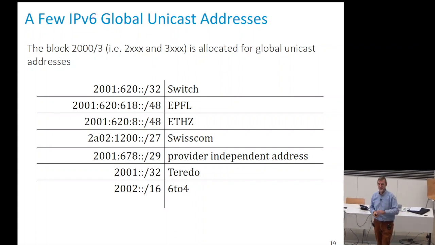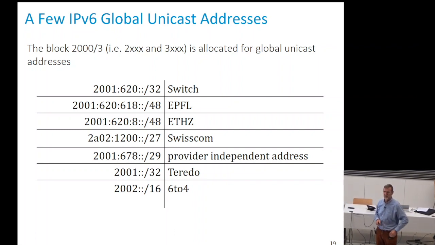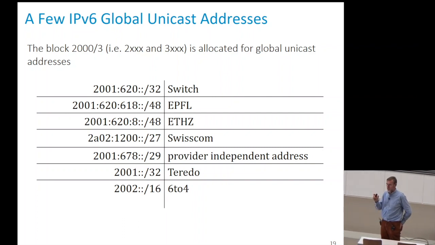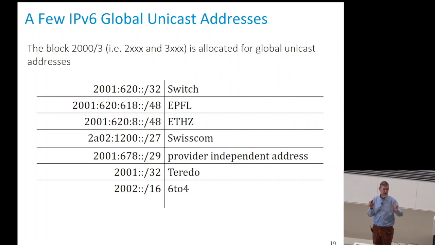There was another question? If we just have one line in the New York router for SWITCH, doesn't that just move the other lines that we had before for IPv4 to the SWITCH router? No, because with IPv4, what happens is that the block that corresponds to EPFL has nothing to do with the block that corresponds to ETH.